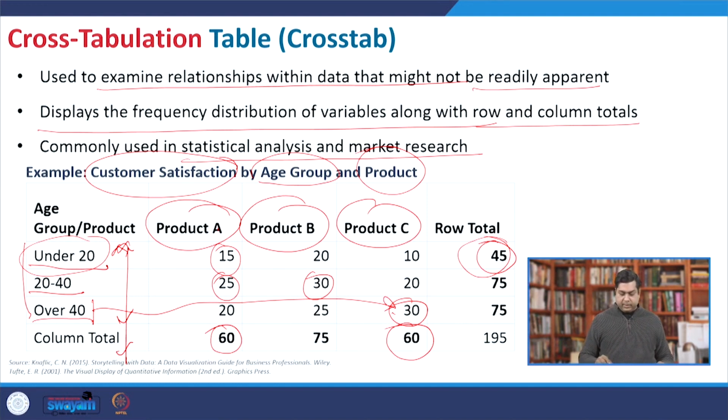In that case product C is the least preferred compared to the other two, and product B is the most preferred, because whenever you have that kind of satisfaction, it means there are certain preferences. So, reading this table, 30 customers are satisfied with product B, and they belong to the age group 20 to 40.